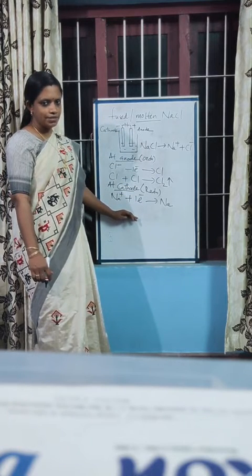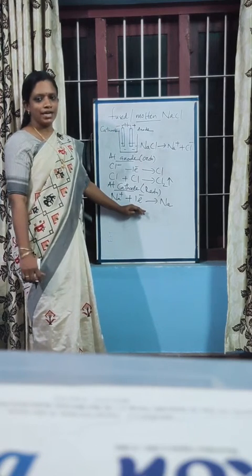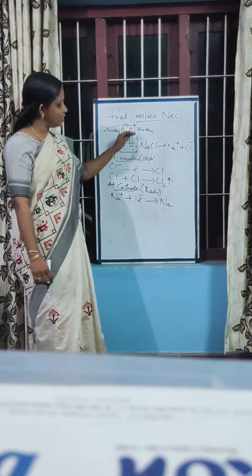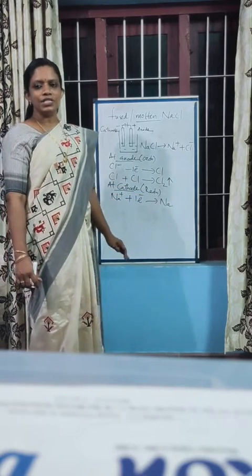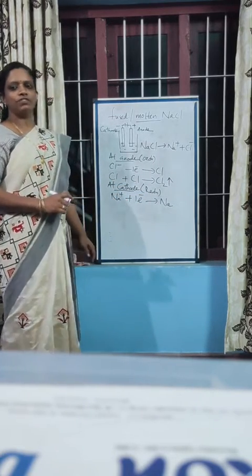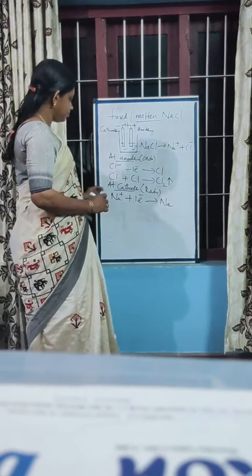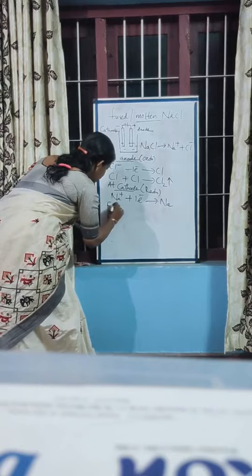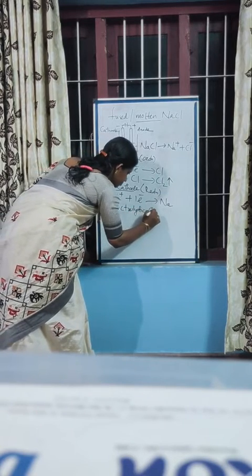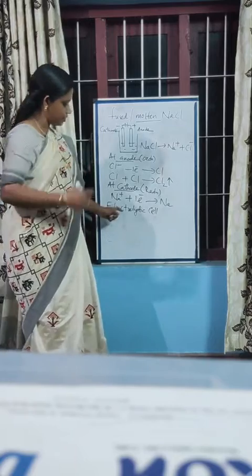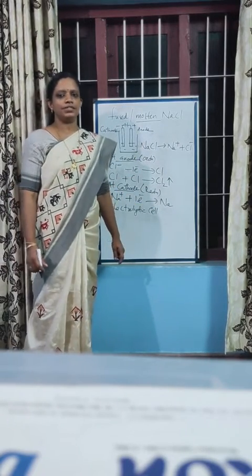In other words, electrical energy is converted into chemical energy, and the cell used for this conversion is the electrolytic cell. An electrolytic cell converts electrical energy into chemical energy.